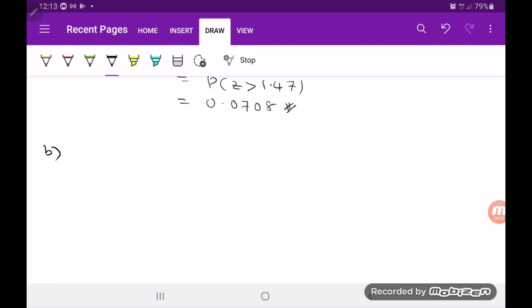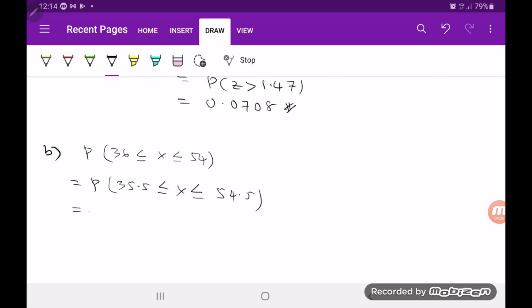And then B. Okay, you want to find the probability when x is greater than or equal to 36 and less than or equal to 54. So do the continuity correction, just plus and minus 0.5 here.